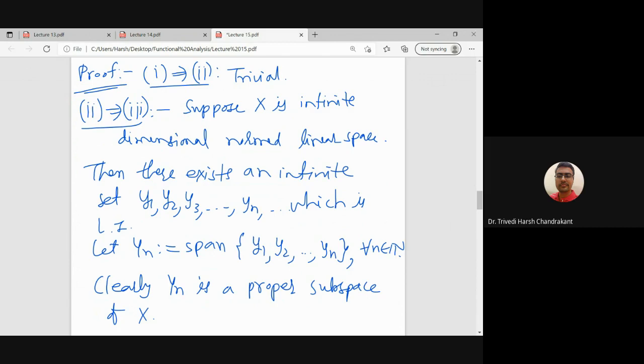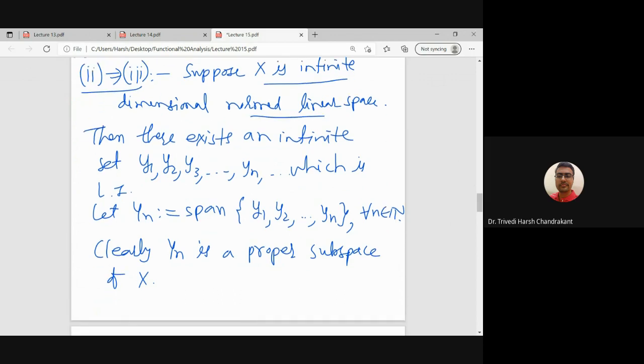So capital Yn itself is a subspace of X, which is the infinite dimensional normed linear space, and it is proper because Yn is finite dimensional and X is infinite dimensional. So Yn is a proper subset of X. So now we can use Riesz lemma.